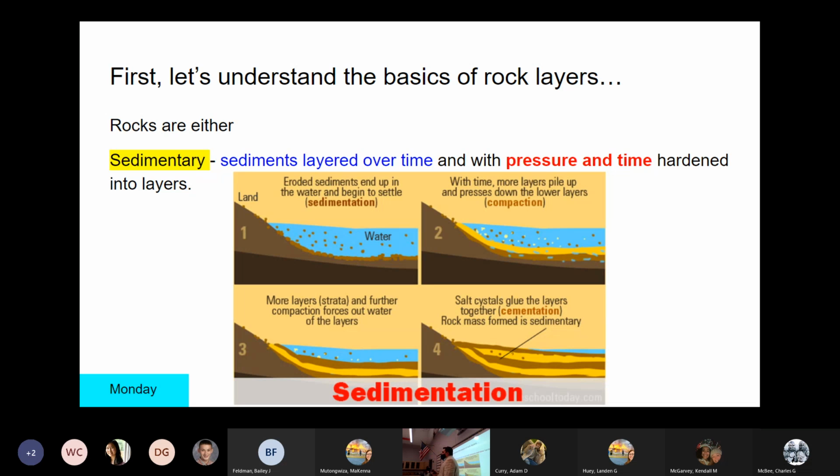The sediment turns into stone. One of the most common is sandstone. So if you play Minecraft, you've probably heard that before too. But sandstone is a type of stone where sand has been concreted into a stone.